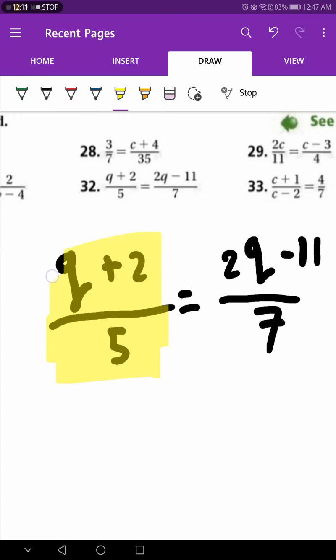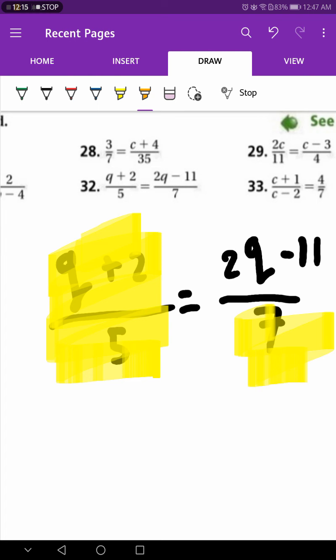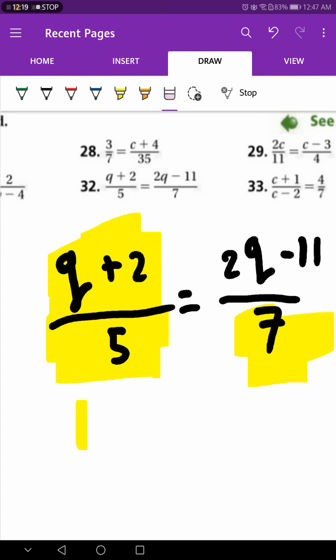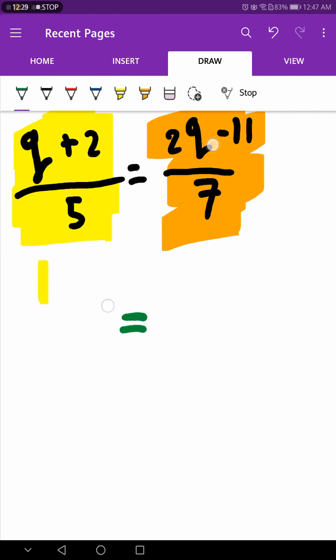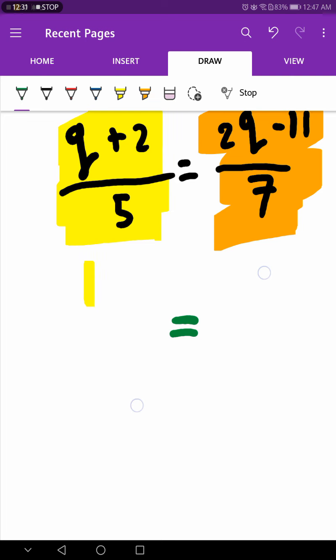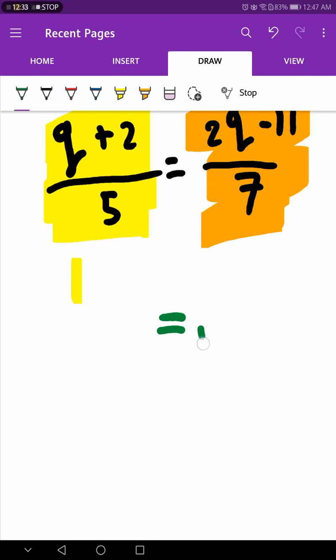This is the left side, and this is the right side. I draw the left and the right. This is the right and this is the left. I will start like this.